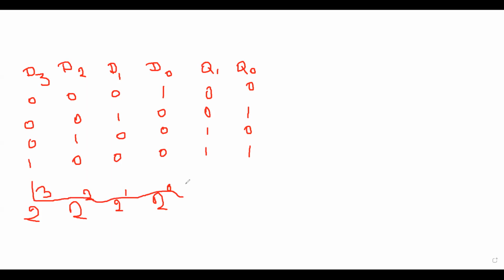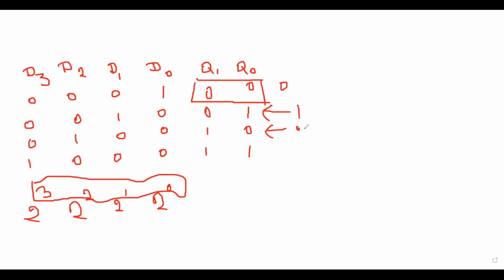You can observe it here 0, 1, 2, 3, and here we can add those. Here this is 0 and this is 1. This is 2. How can I say it is 2? 1, 0.